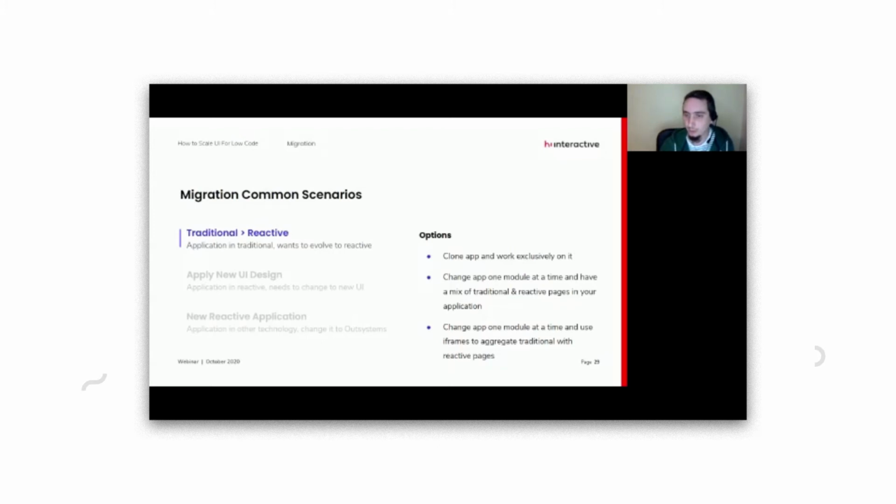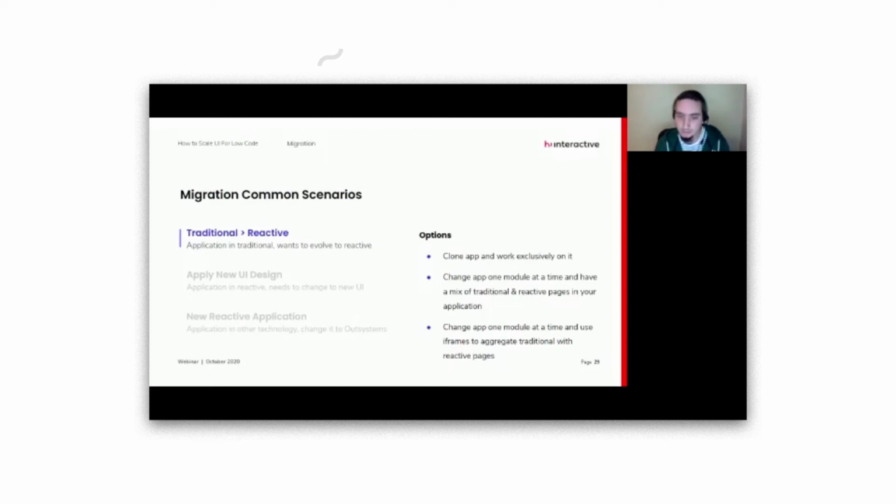The third option that we advise is, again, change the module one at a time. But the difference here is, instead of creating new pages in reactive, simply use the blocks. Use the blocks inside iframes, and those iframes are in traditional.